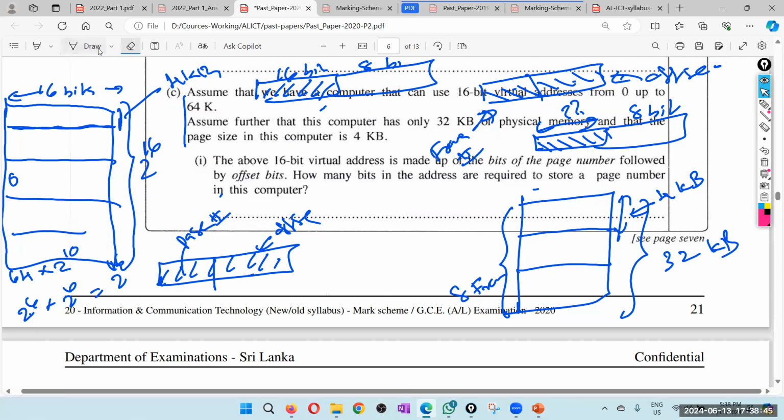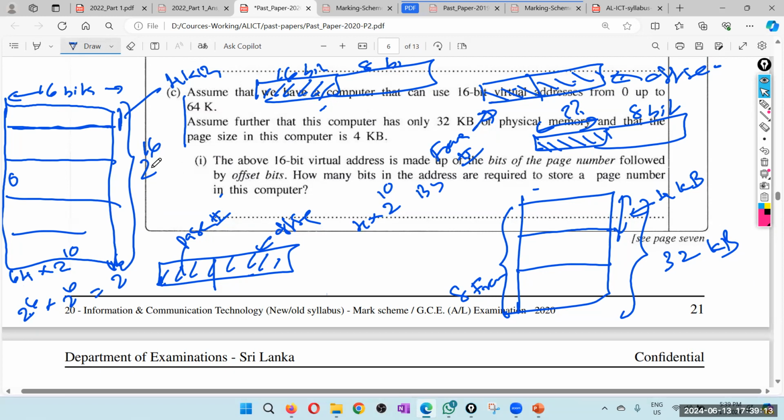So then we have 4 kilobytes of data. So 4 into kilo, which is 2 to the power 10 bytes of data, in a page. 4 into 2 to the power 10. So 1 page can keep this much, 4 kilobytes of data.